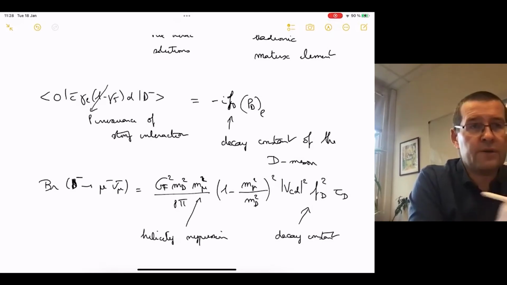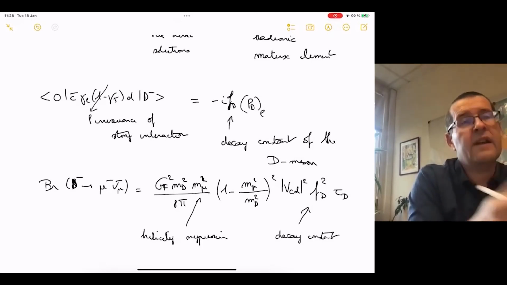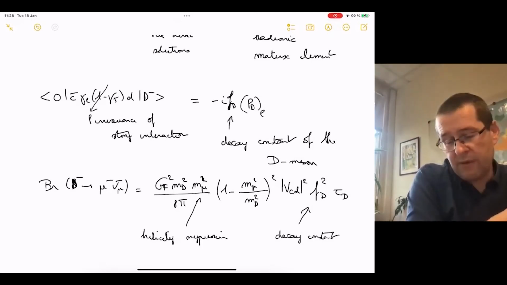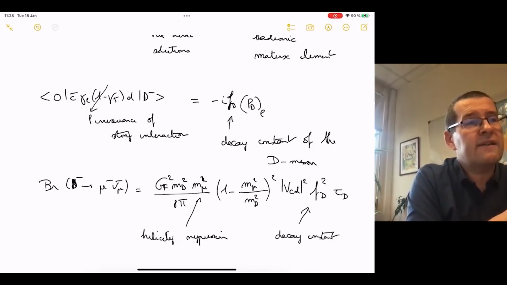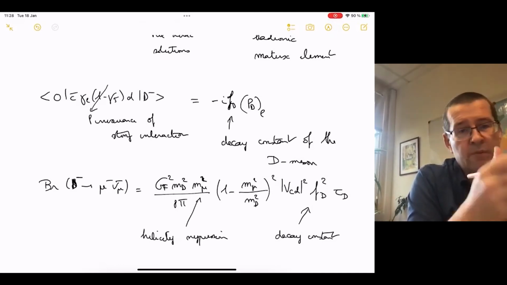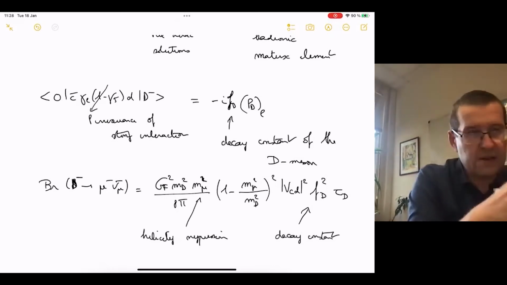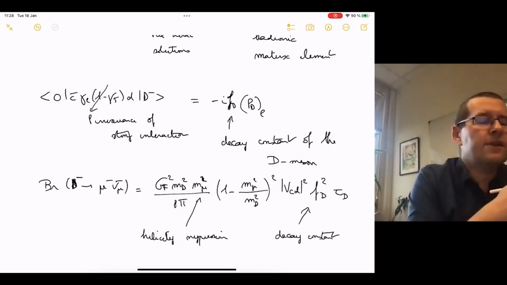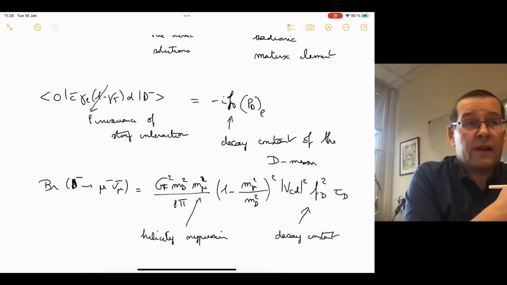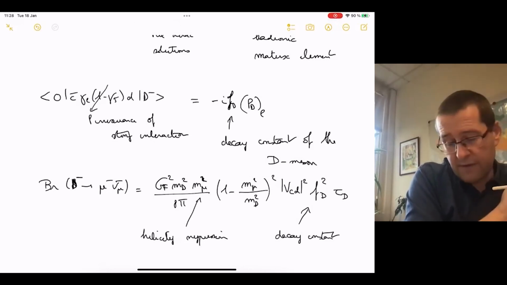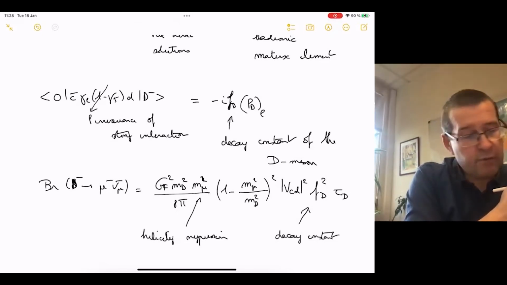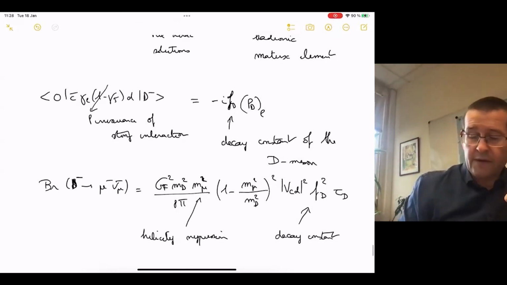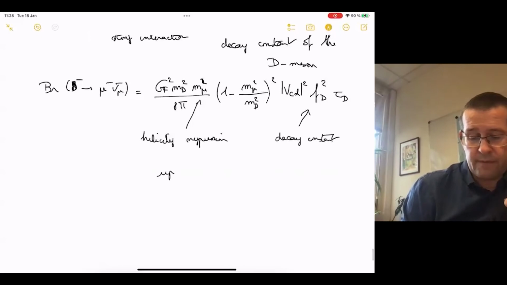So obviously the way out is to take into account the effects of the lepton masses, which allow a mixture and a difference between helicity and chirality in the discussion. And that explains why you have something proportional to the mass of the muon in this branching ratio. So this is true up to electromagnetic corrections.